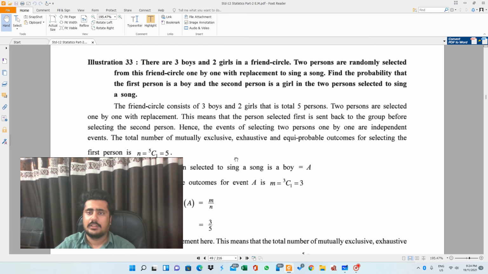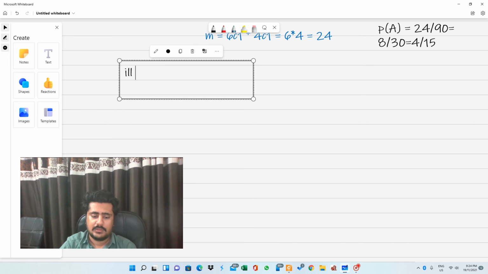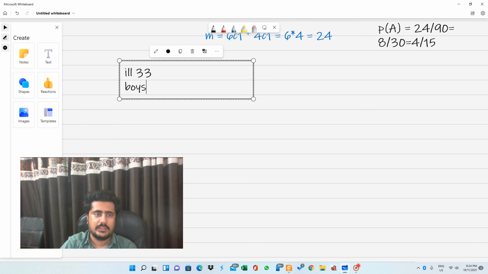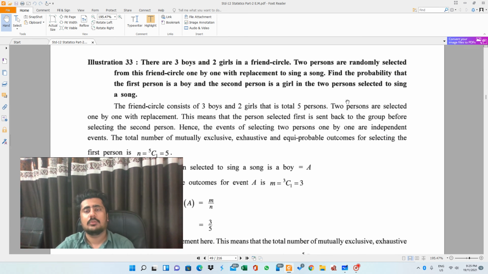it is illustration 33. There are three boys and two girls in a friend circle. Two persons are randomly selected from this friend circle, one by one, with replacement. So let me write the question here.